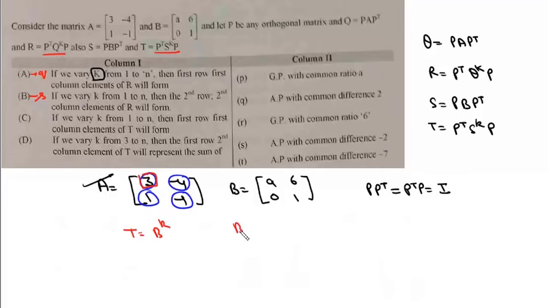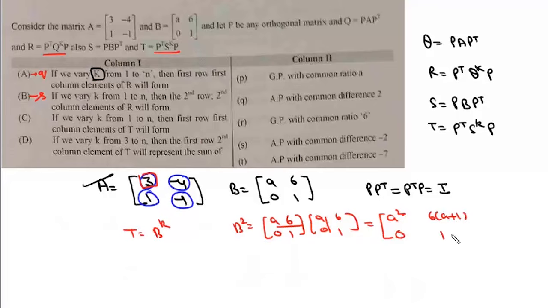Now, if we find B square, it will be [A, 6, 0, 1] into [A, 6, 0, 1]. Now, it will be A square, 6A plus 1, here it will be 0, and here it will be 1.